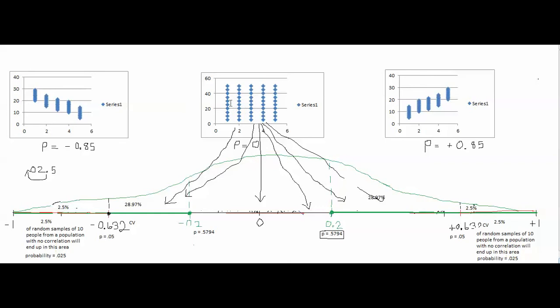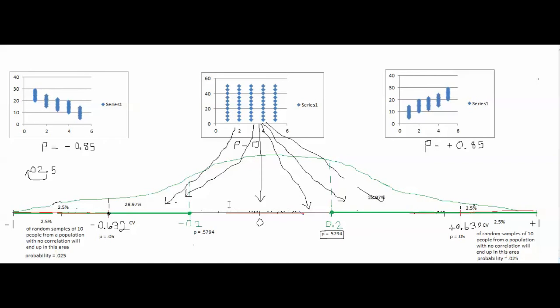I said that the reason why these two areas aren't reached very often is because when the population that the sample is coming from has no correlation inside of it, the sample tends to look like the population it came from. So if the population has a correlation coefficient of 0, the sample tends to have a correlation coefficient near 0.